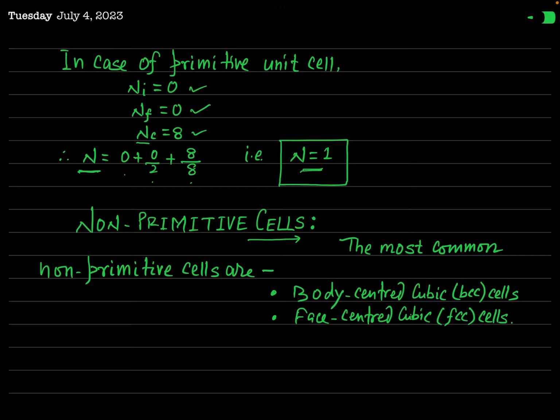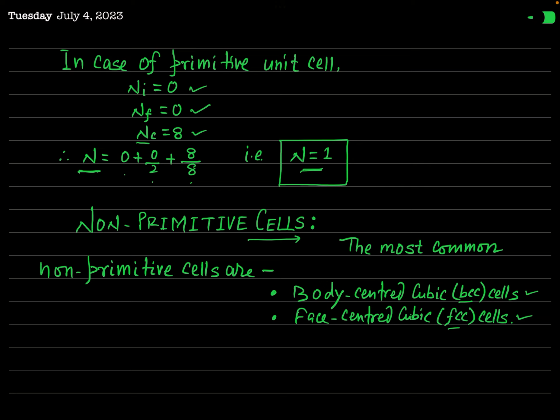In case of cubic crystals, there are 2 important non-primitive unit cells, and those are the body-centered cubic cell and the face-centered cubic cell. In abbreviation, you can say BCC and FCC. Okay, BCC and FCC.